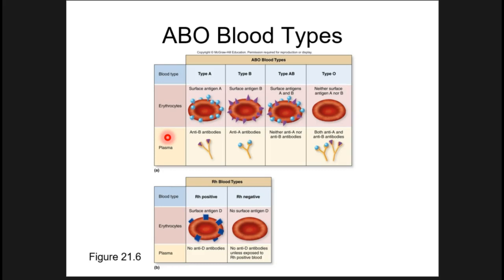Okay. Put this here. What happens? Right. The anti-B antibody attacks the B antigen. And this agglutinates. So we cannot put AB positive blood in an A positive person.